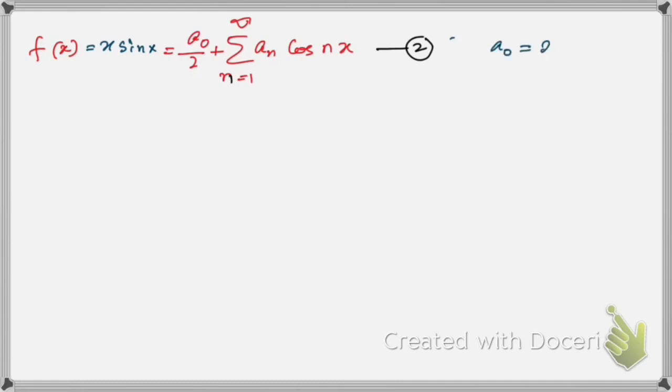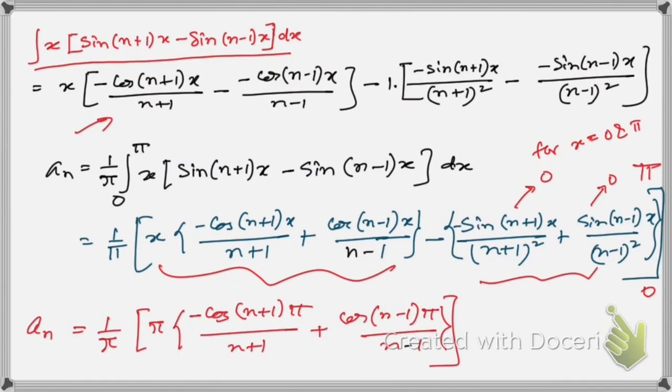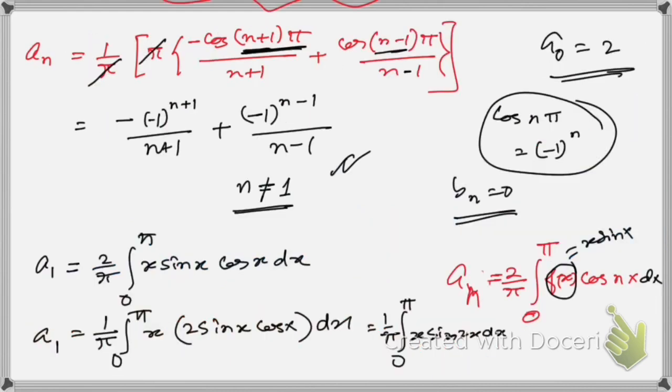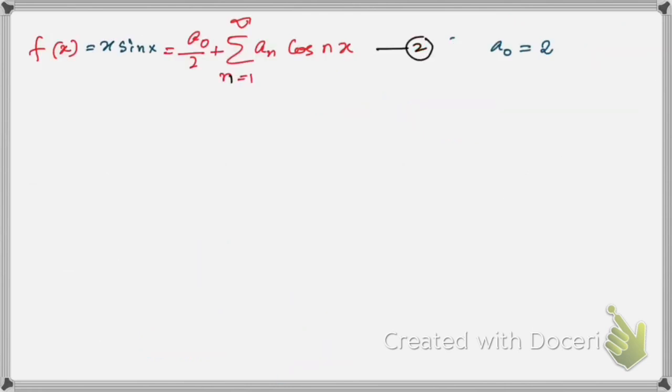A naught is equal to 2, if you go to the previous slides, you can see. Then this is our an, and this is a1. Here you can see a1 is equal to minus half. So we're going to use these values. A naught is 2, a1 is equal to minus half, bn is equal to 0.